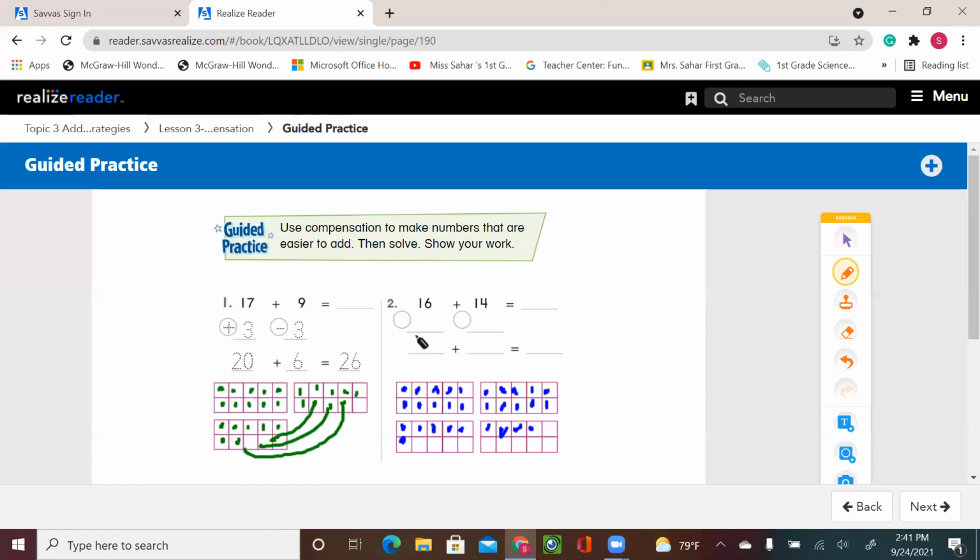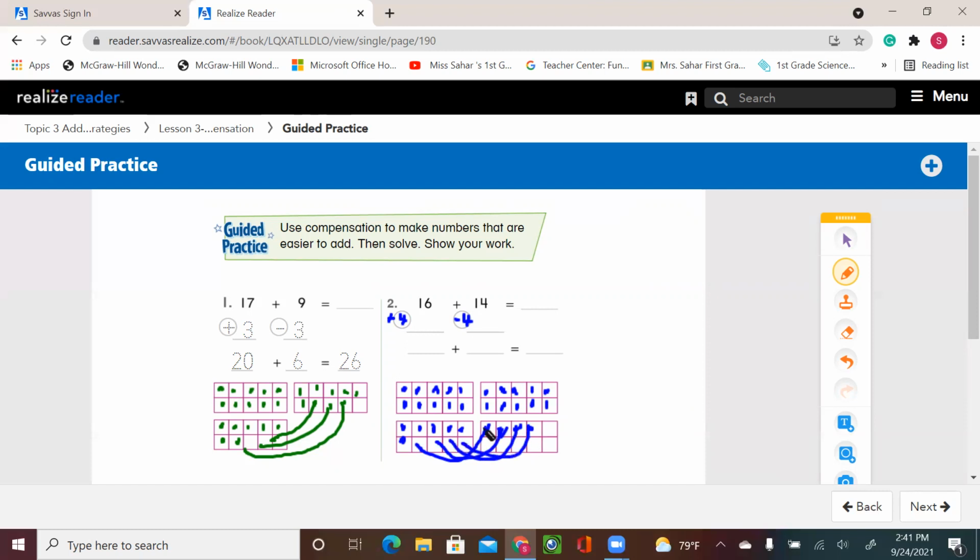All right. So what I'm going to do, I'm going to move my first addend up to 20. That means I'm going to take 4 from here to make this 10. So I'm going to say minus 4, but I'm going to add it here. So that's why my answer would be the same. So now 4 plus 16, I'm moving the counters to fill the empty boxes here.